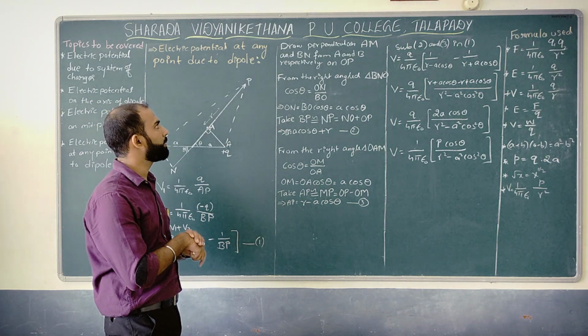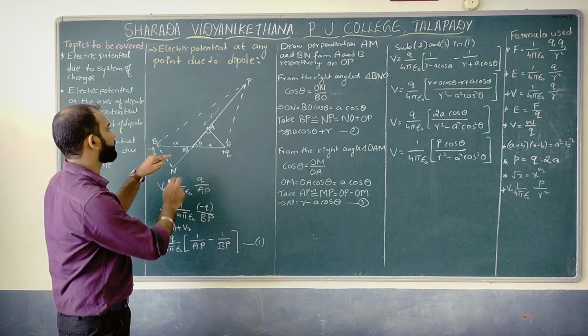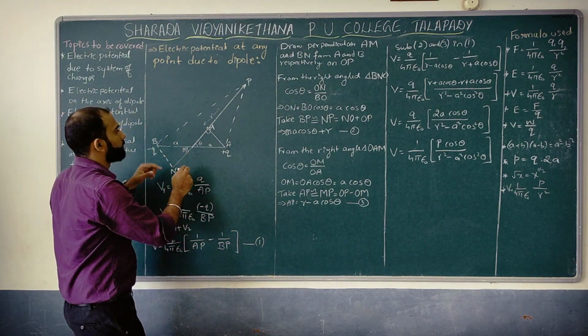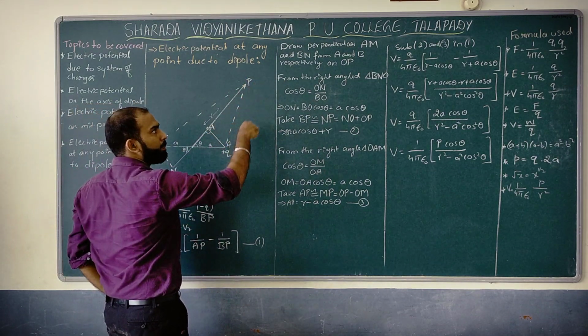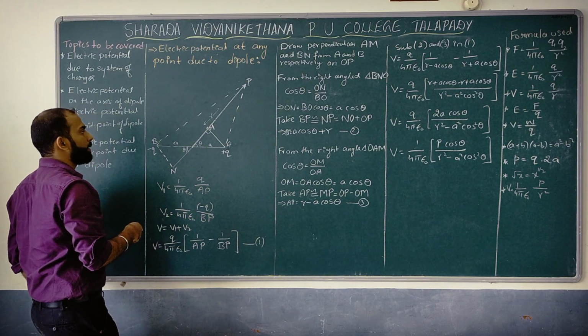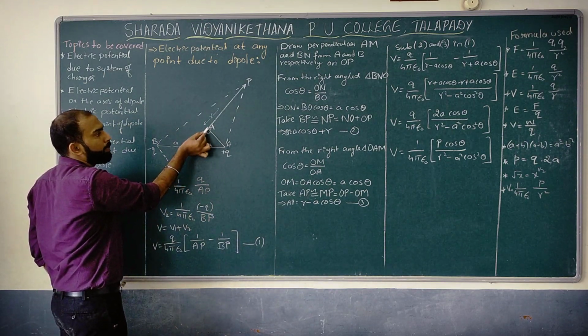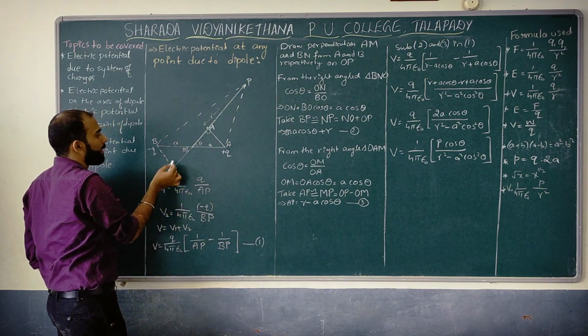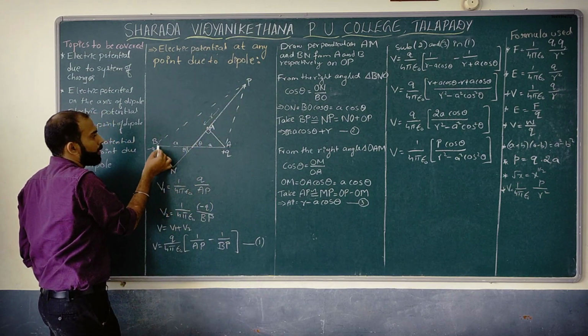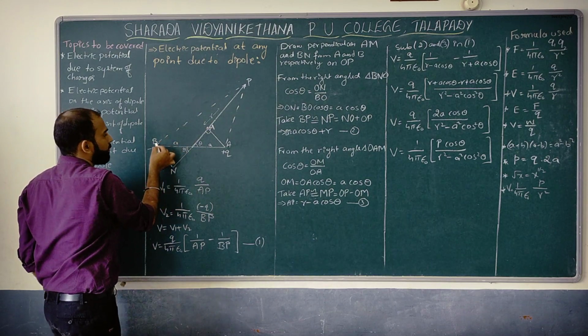Let us draw perpendiculars AM and BN from A as well as B. You take one perpendicular with respect to this line, as well as one perpendicular with respect to this from here to here.